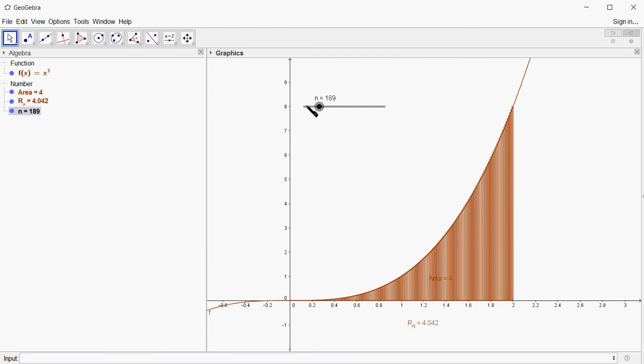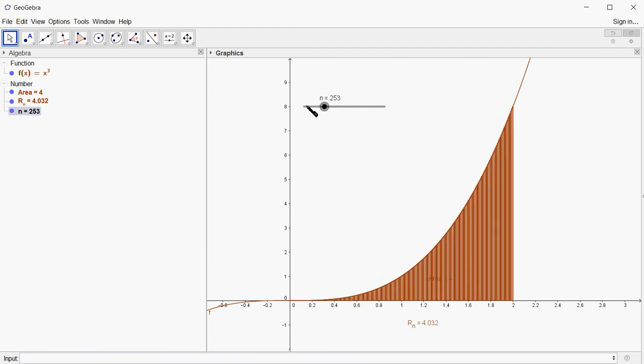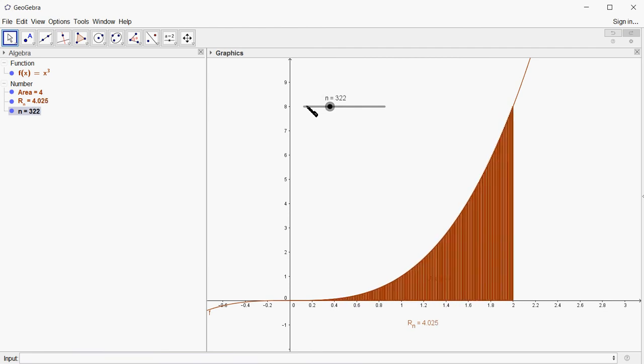You can see that I'm using a lot of rectangles, and after a while the rectangles look all solid. But if you look at the Rn, this value is getting closer to 4. Right now it's 4.01, and if you use, let's say, n to be 1000, it actually goes to 4.008.